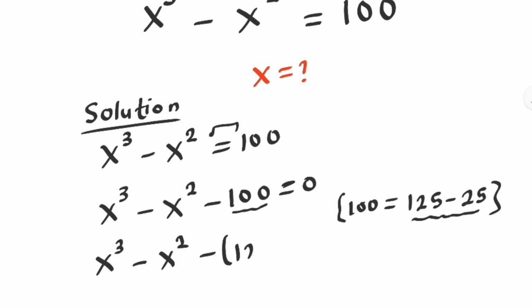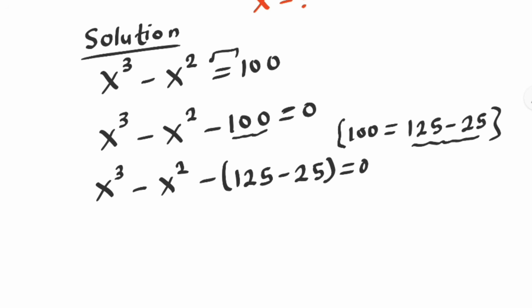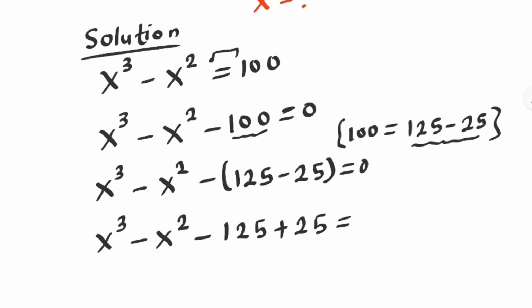This is 125 minus 25 is equal to 0. And this is s raised to power 3 minus s squared minus 125 plus 25 is equal to 0.